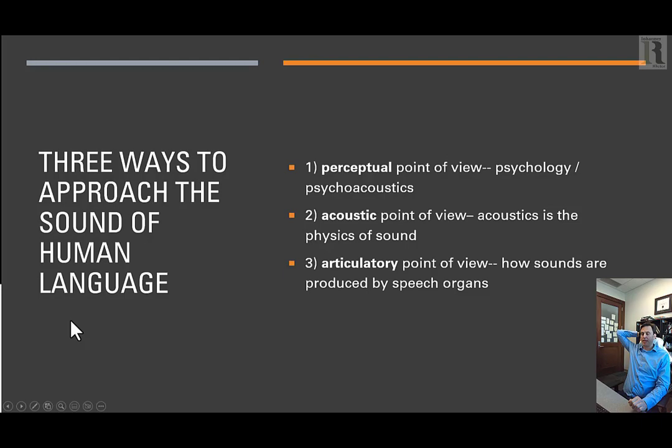Now, before we get to the IPA, let's talk about the different ways that people study the sound of human language. The first way is the way that is practiced in psychology by neurologists, and this involves what is sometimes called psychoacoustics, and this studies the perceptual point of view: how we perceive language, what we hear when people talk, what our brain turns the sound waves that hit our eardrums into.